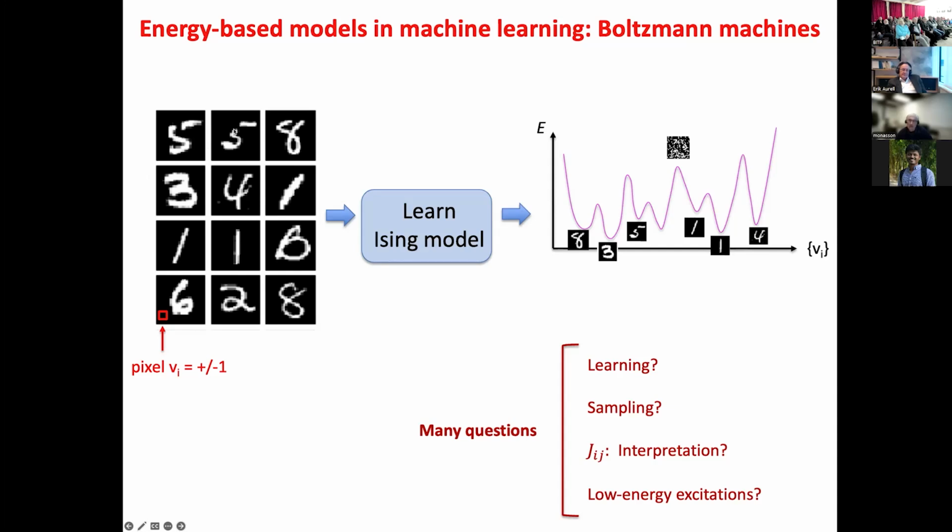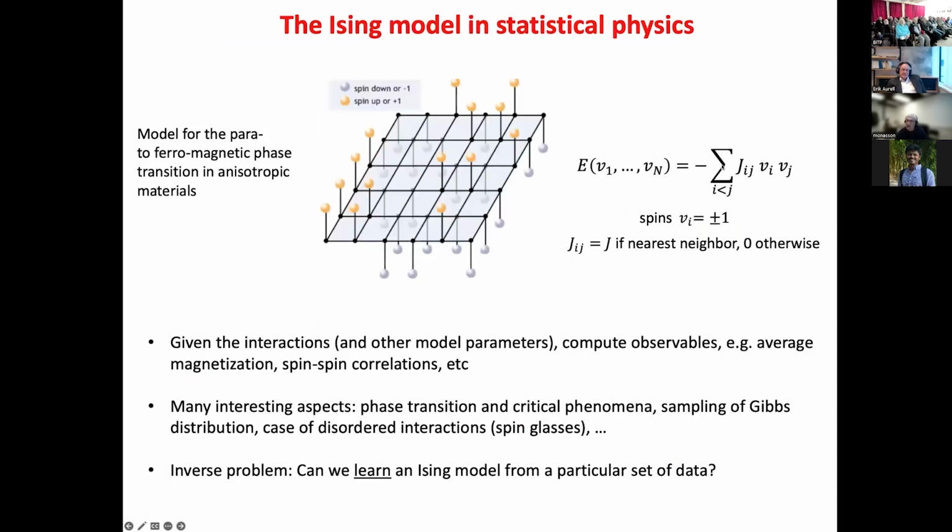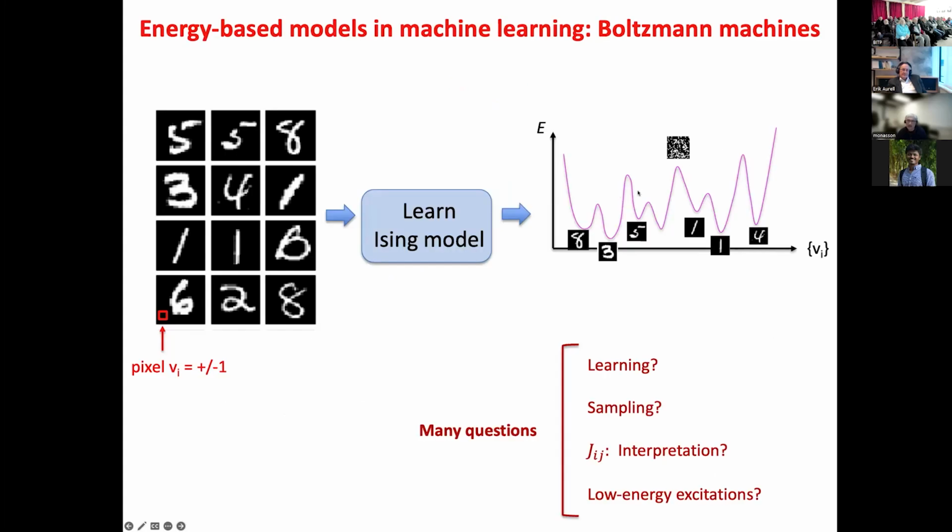So what we would like to learn is an Ising model, that is an Ising energy function of that kind, where the Jij will be fit to the particular data set in such a way that if I plot the energy as I'm doing here on the right side, here are the V_i, which are the different configurations of the pixels. So 28 by 28, this is 784.